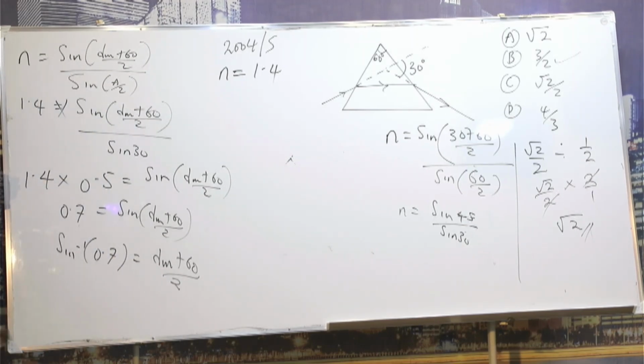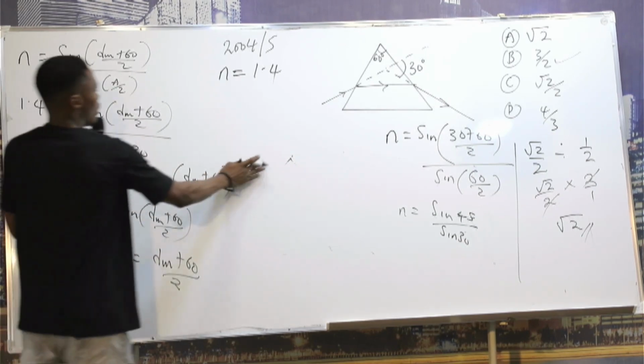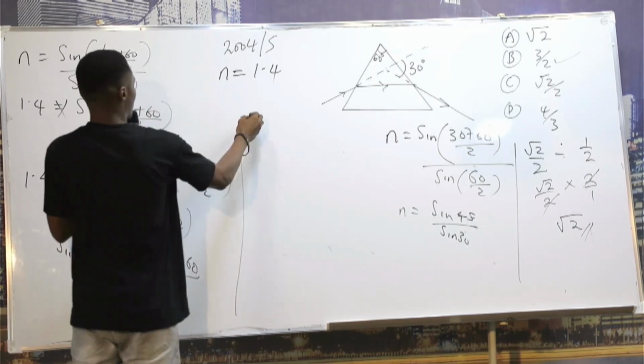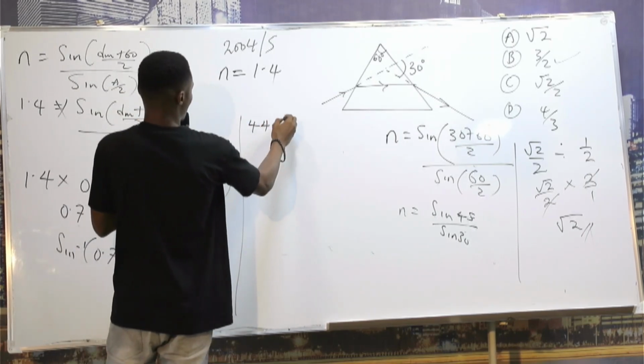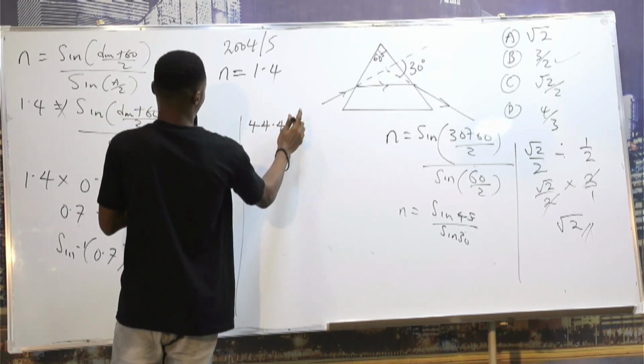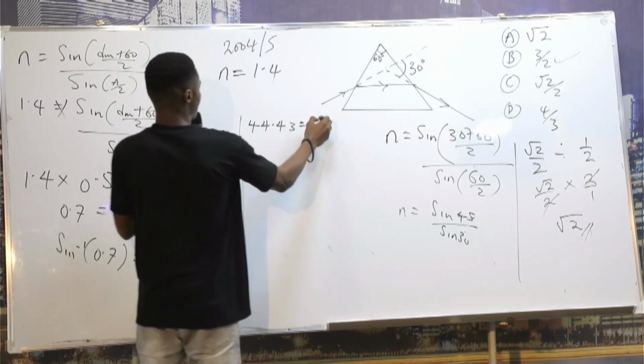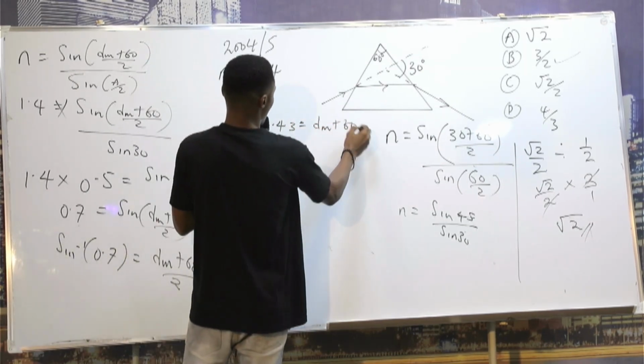So what is the sine inverse of this? Just press it. I will show you how to get the answer later without that. Press it first. 44 point what? 44.43, no problem, equal to (Dm plus 60) over 2.